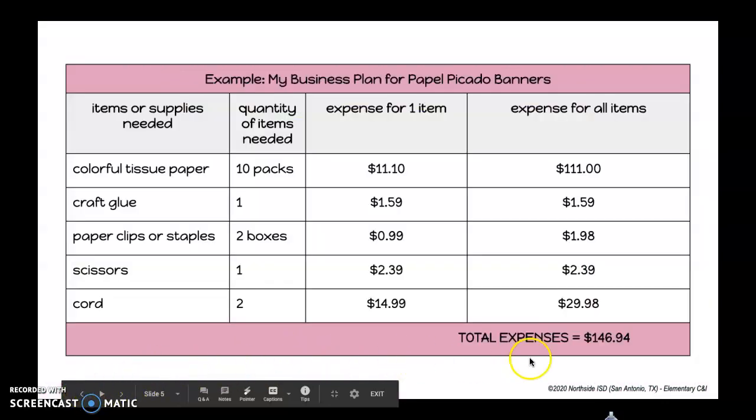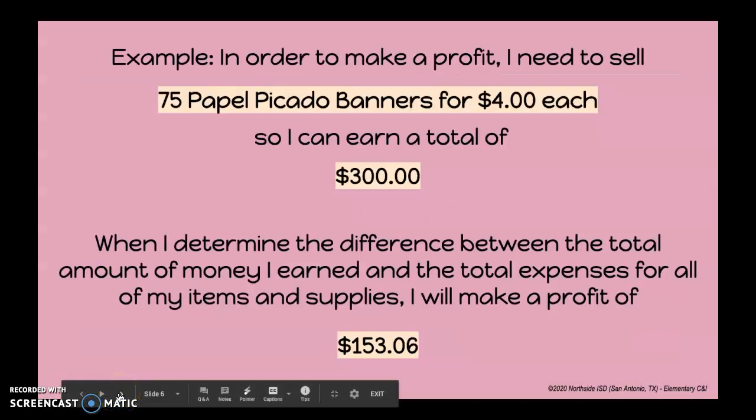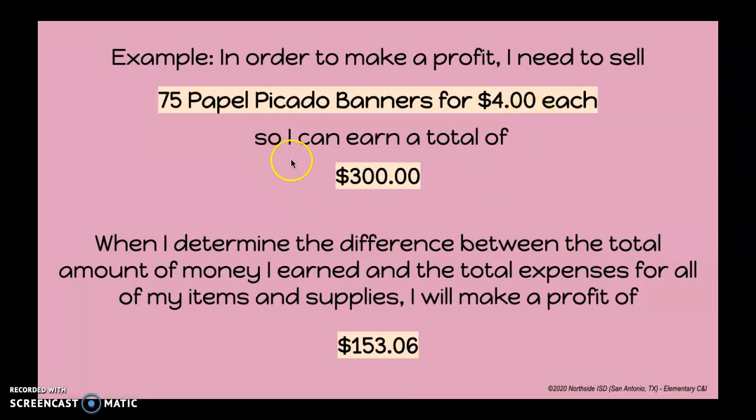So if you go back here, we get that from our expenses being $146.94. We figured out how many we're going to have to sell and for how much each one was going to have to be in order to earn this much money.